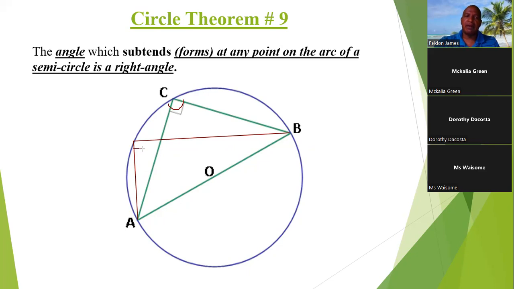So any angle formed on the arc within a semicircle will give you a right angle. Is that clear to everybody? And so if you also form one in this semicircle down here, you will also have a right angle.